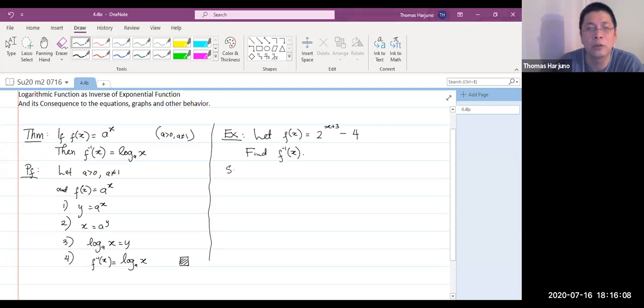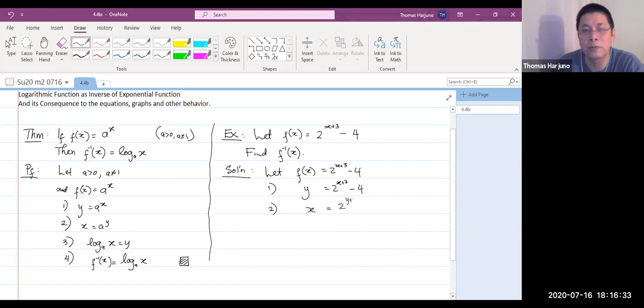Then the solution: let f(x) equal that function. Step 1, y equals 2 to the x plus 3 minus 4. Step 2, we swap the x and the y. The procedure of finding an inverse function, those 4 steps, should be something you are so used to already.